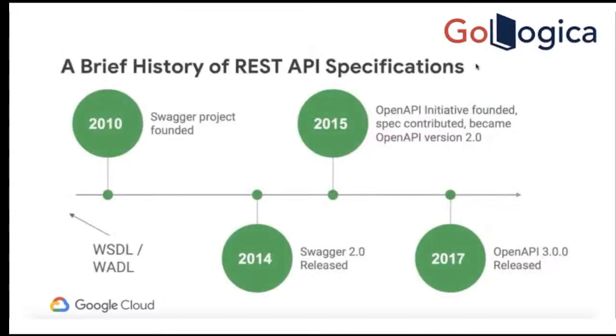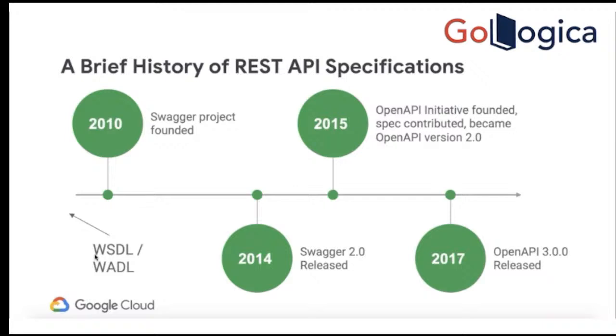Before 2010, we had things like WSDL. WSDL was for SOAP APIs. For REST, we had WADL, but WADL was very complicated. It was difficult to understand.